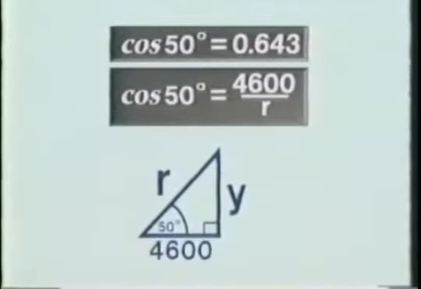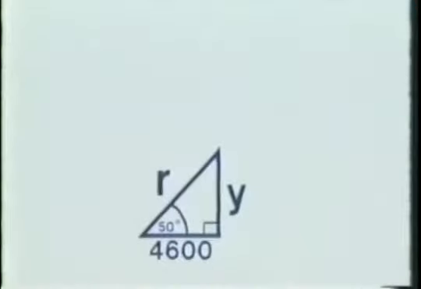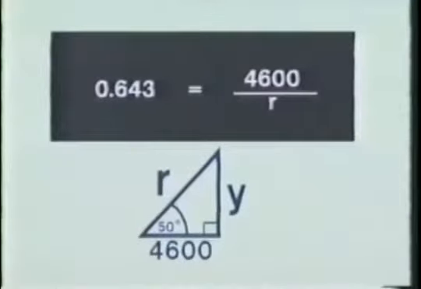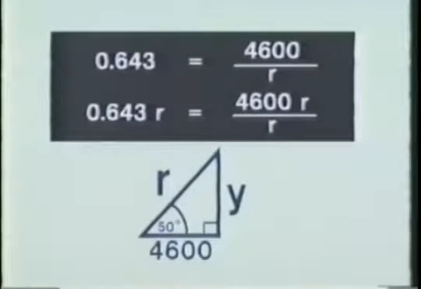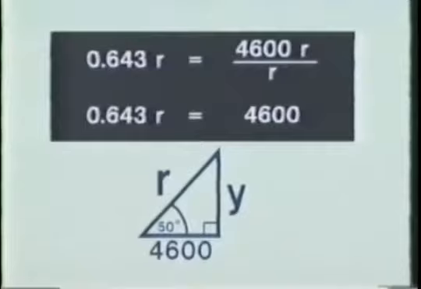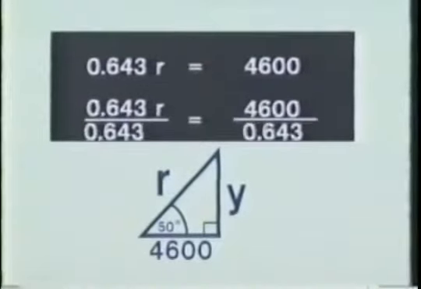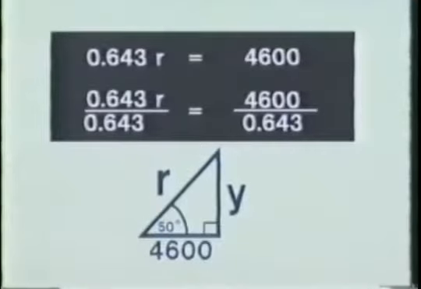Since 4,600 over r and 0.643 are both equal to cosine 50, they must be equal to each other. Multiplying both sides by r, and then dividing by 0.643, we have the length of r.